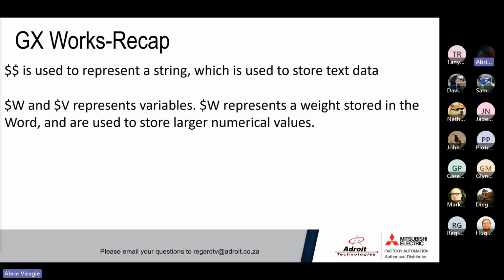The main difference here is that the $W represents weights stored in word variables, and thus are only used to store larger numerical values. So since these represent the same, words are only used to store larger values.